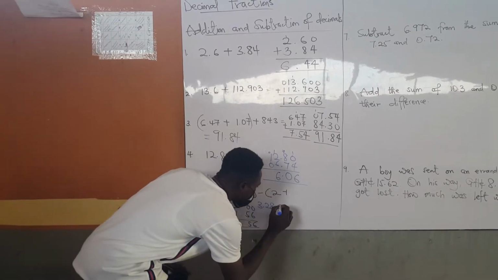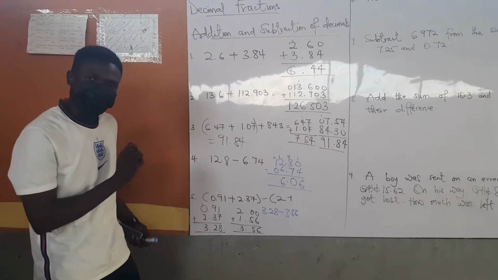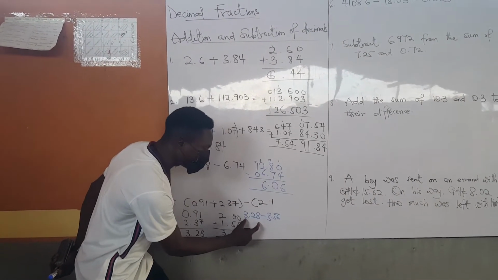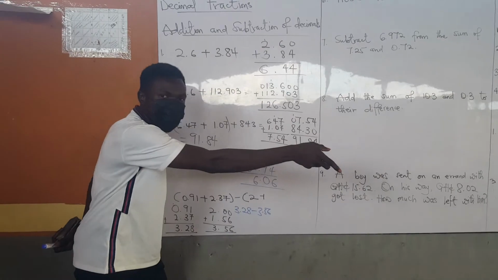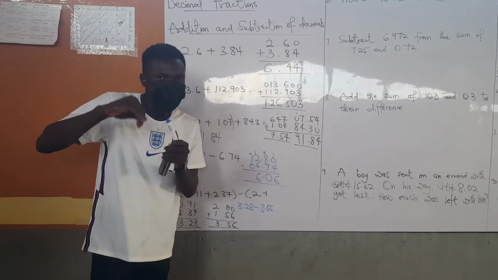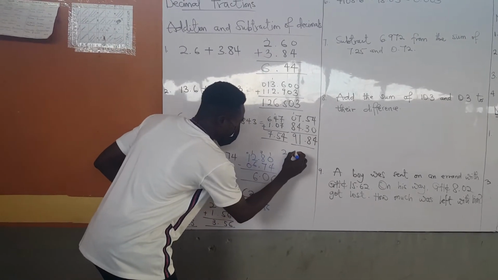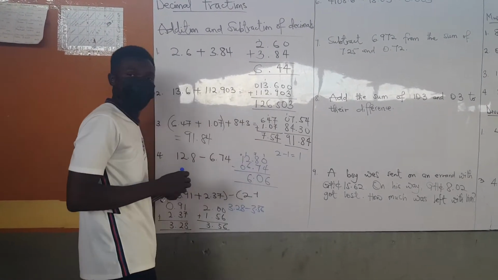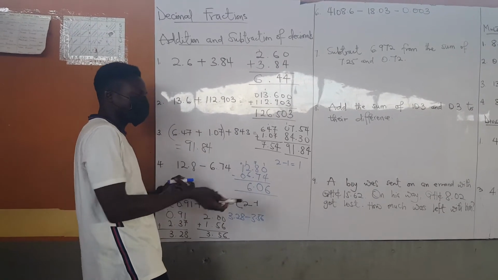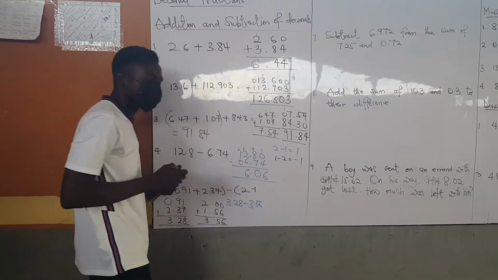When you look at this carefully, the first one is quite lesser than the second one. So you should know that my answer is going to be in a negative form. Just like 2 minus 1 is 1. But if you have this in its reciprocal way, as in 1 minus 2, you are going to get negative 1.